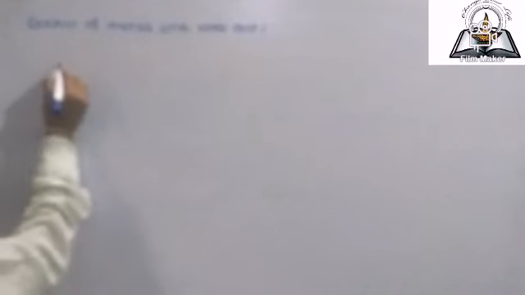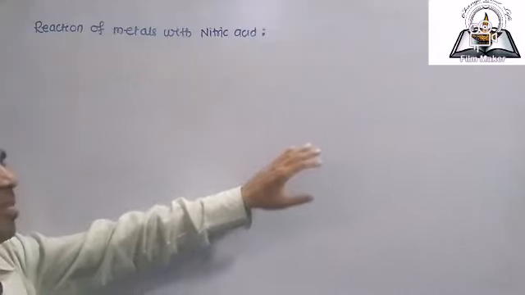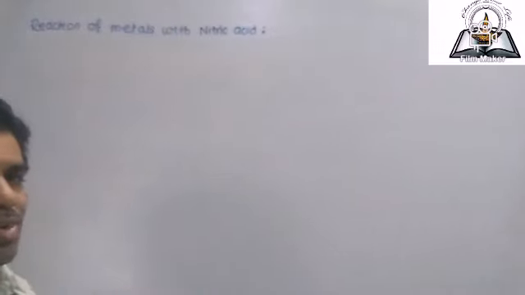So generally when metal reacts with nitric acid, it gets converted to metal nitrate, and nitric acid is a strong oxidizing agent. It gets reduced to one of the oxides, maybe NO or NO2, and the water molecule is also formed.